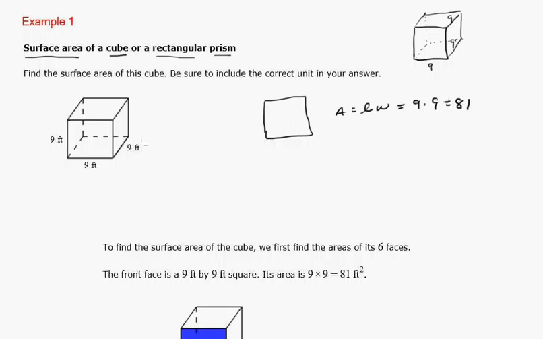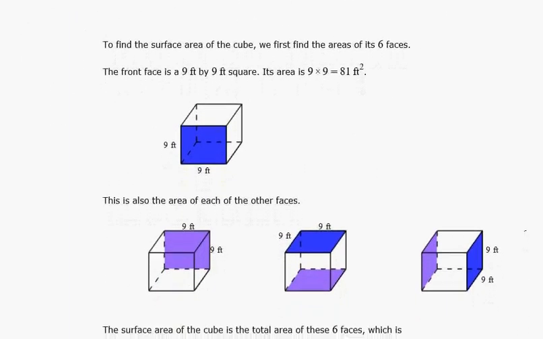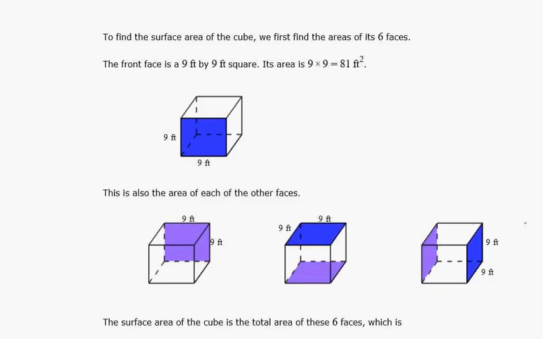So the question is, how many sides does a cube have? I took this from Alex. They have a great picture here. They show this is the face, and with the face there's also the back right here. So 1 and then 2. And then we have a top and a bottom.